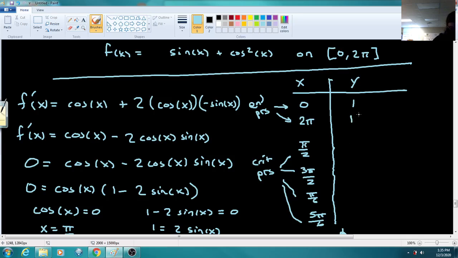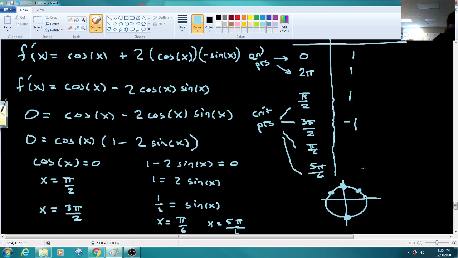We put in pi over 2, gives us back 1. 3 pi over 2 gives us back negative 1. Pi over 6 gives me back 1.25, and 5 pi over 6 also gives me back 1.25.